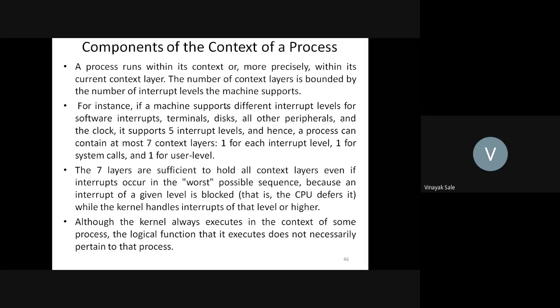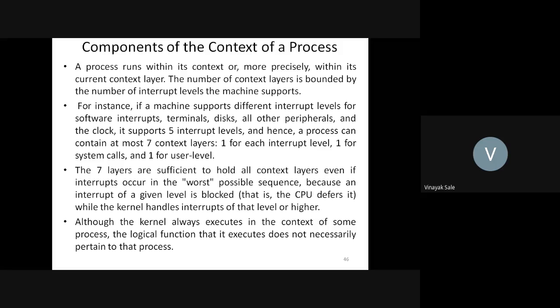For example, if the machine supports different interrupt levels for software interrupts, terminals, disk or other peripherals, and the clock, it supports 5 interrupt levels, and hence the process can contain at most 7 context layers: one for interrupt level, one for system call, and one for user level.